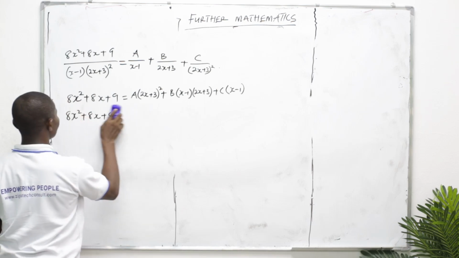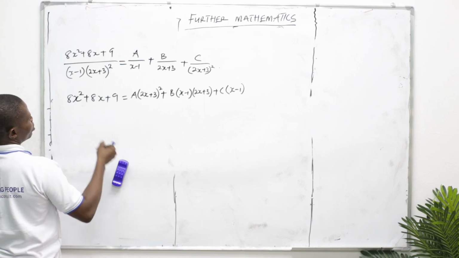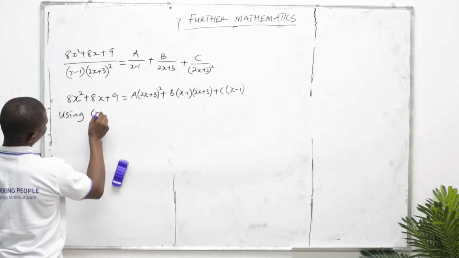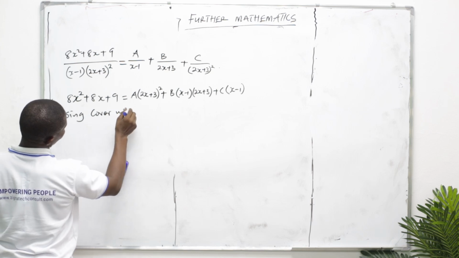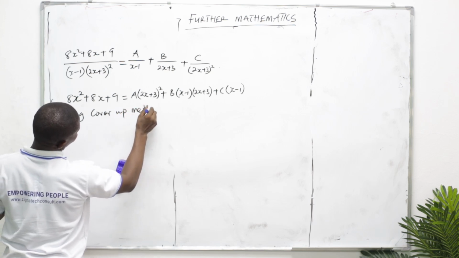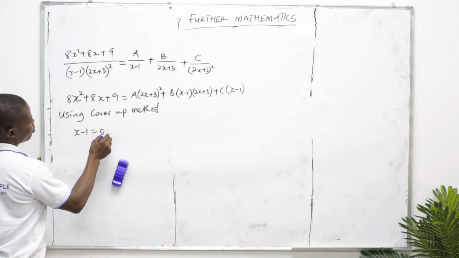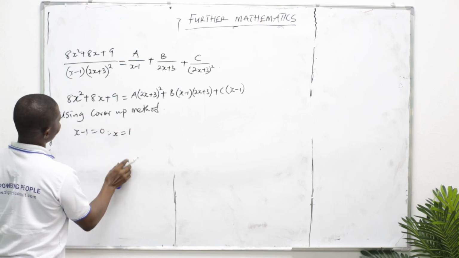Using the cover-up rule, s minus 1 equals 0. Therefore, s is 1.